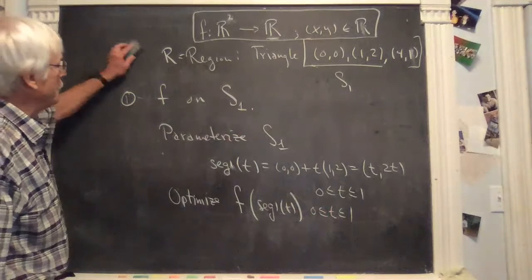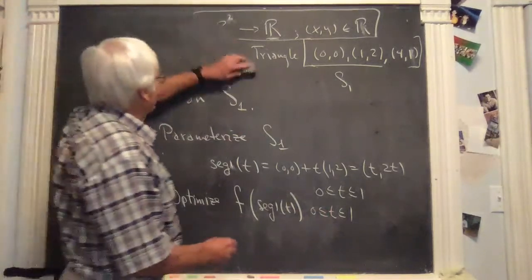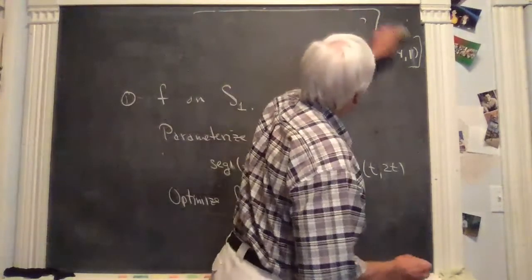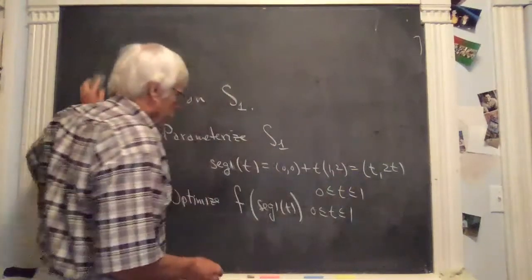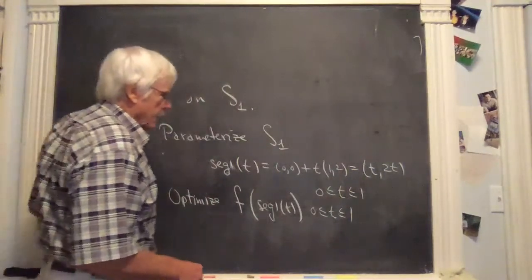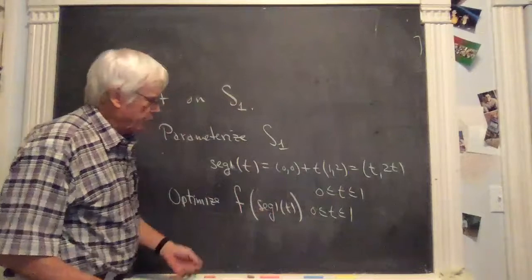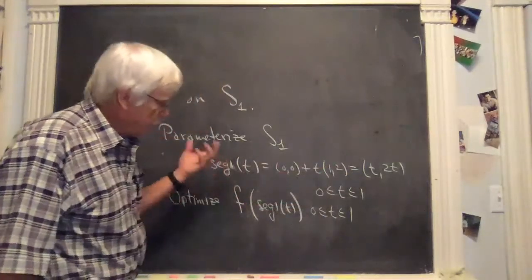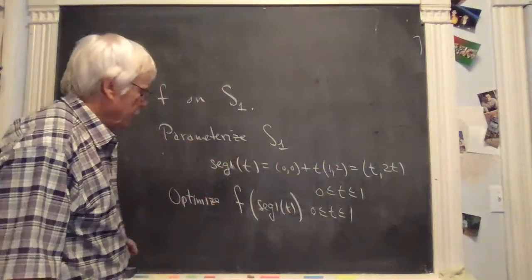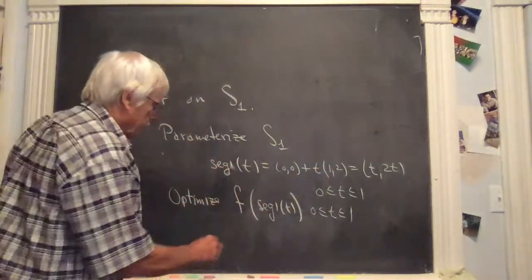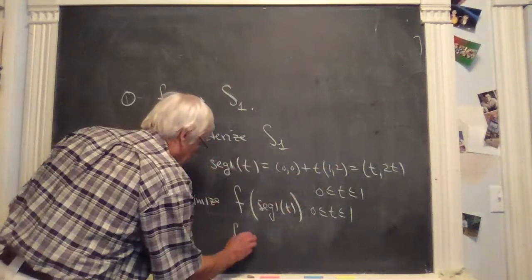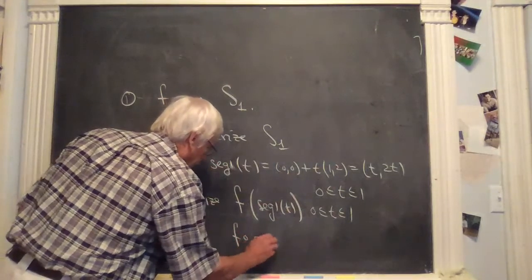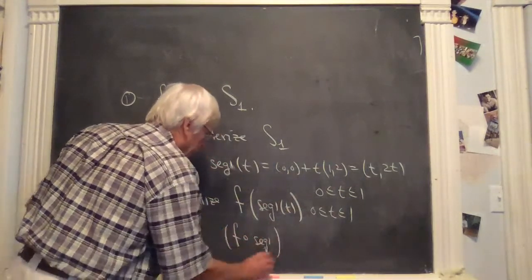I'm going to erase up on top maybe. So how do you do this? This is a one-dimensional problem. If you plug the segment 1 formula into f, you just get one variable. So this is the one we want to find. This is f composed with the seg1 function evaluated at t.